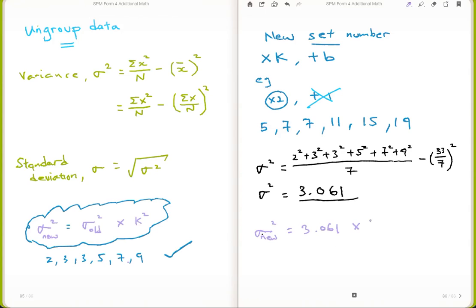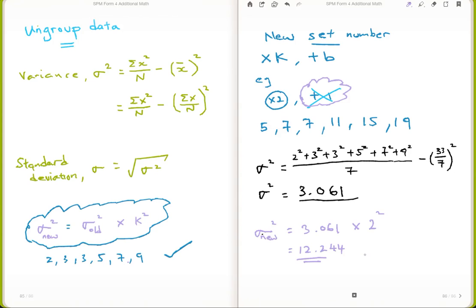So 2 times 2 squared. So the new value is supposed to be 12.244. You may recalculate them, but you should get the answer. And you just need to ignore the plus 1. For variance, you just ignore the plus 1.